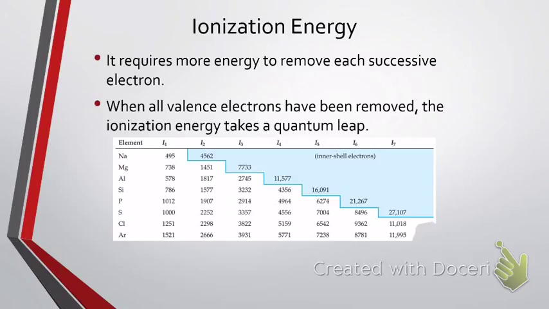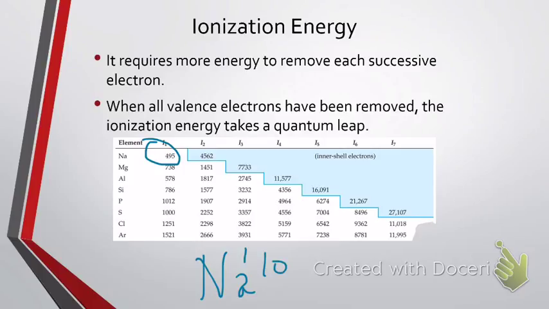Remember, sodium is in the first column of the periodic table, so it only has one valence electron. It takes 495 joules to remove this electron, but once you do remove it, it looks just like neon, which is a noble gas. So sodium then will have 10 electrons. It's got 11 protons.